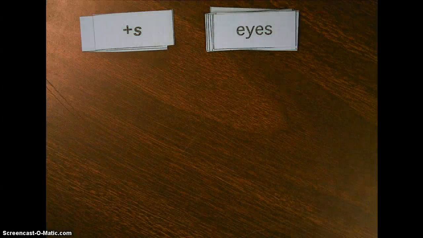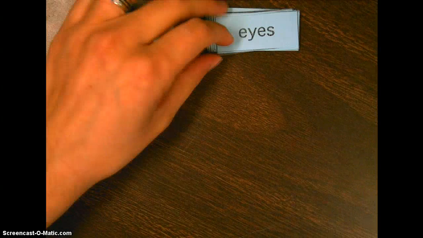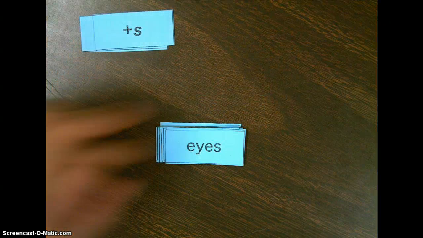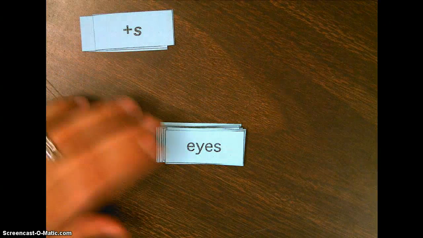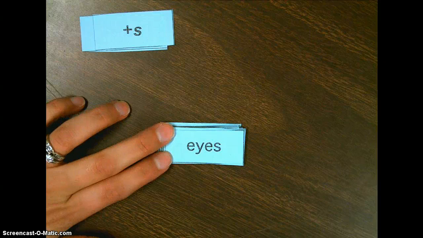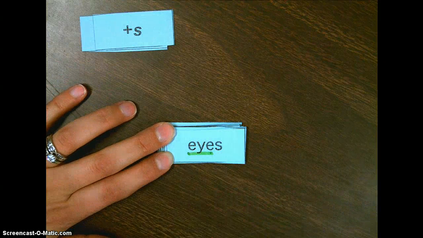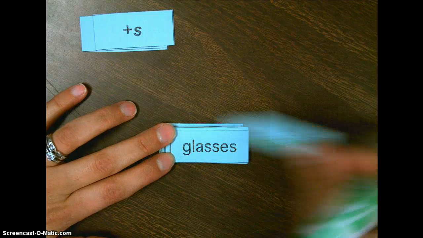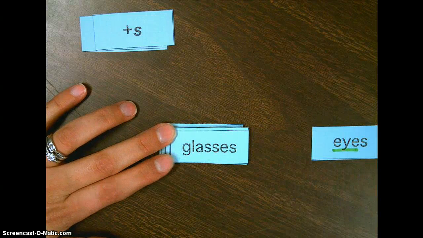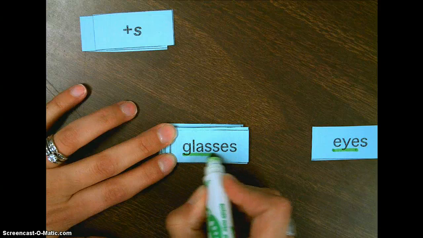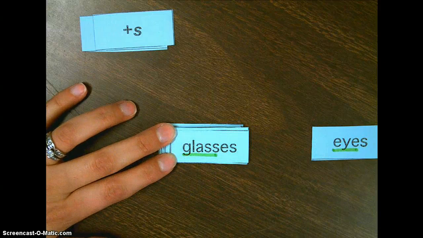So what I would like you to do now is take your pile of words and you're going to underline all the base words. For example, in the word eyes, eye is the base word. So you're going to underline the word eye. In the word glasses, glass is your base word. So you're going to underline glass.